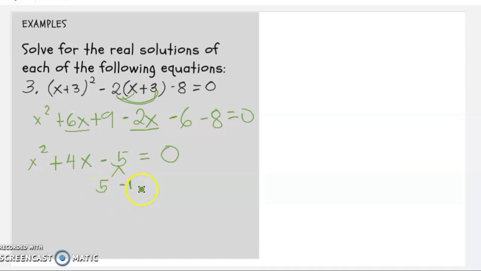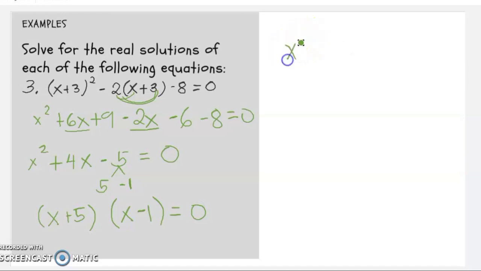Tama? Kasi 5 plus negative 1 is 4. 5 times negative 1 is negative 5. So, the factors of this would be x plus 5 and x minus 1 equals 0. Then solve for x.